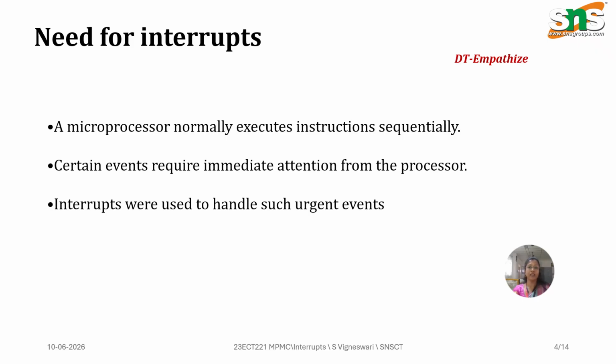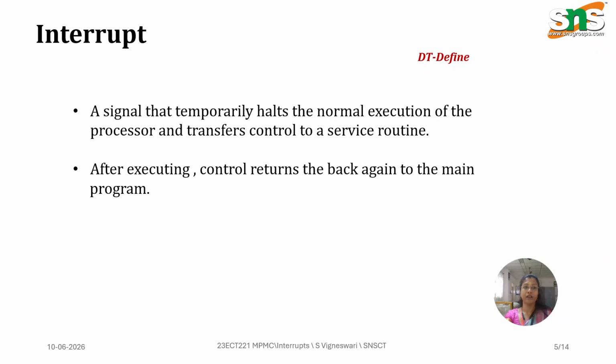Next, what is an interrupt? An interrupt is basically a signal that temporarily suspends the operation of the program and transfers control to a special program called the ISR, the interrupt service routine. An ISR contains the instructions needed to handle the interrupt.